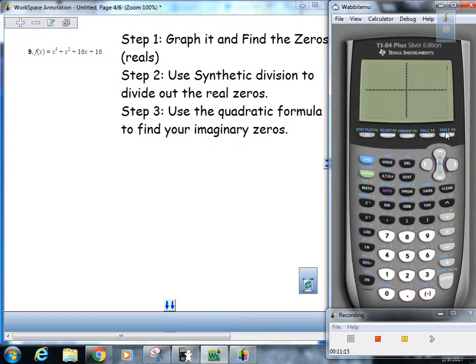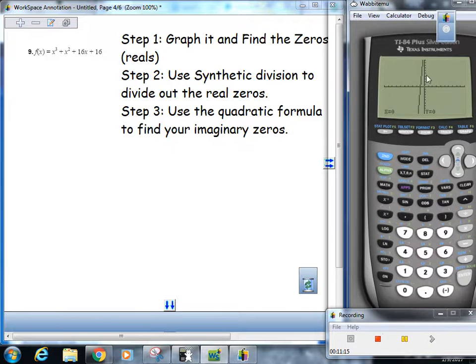I hope it hits 3 times. It doesn't. Let me zoom out just in case. It definitely doesn't. So I'll zoom back in. Remember, in our standard window, all of these dashes are 1 unit. So that means that -1 is our only real solution.